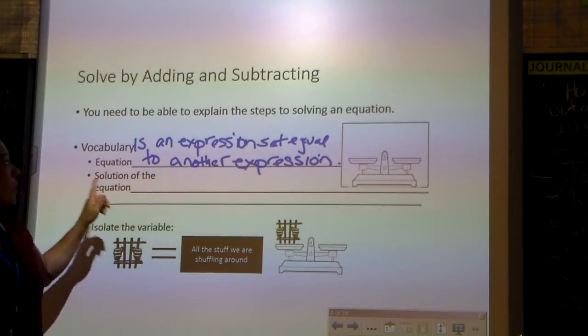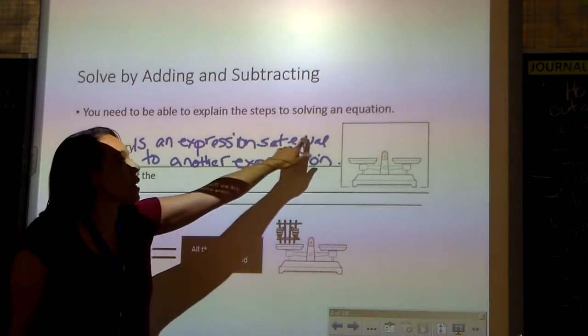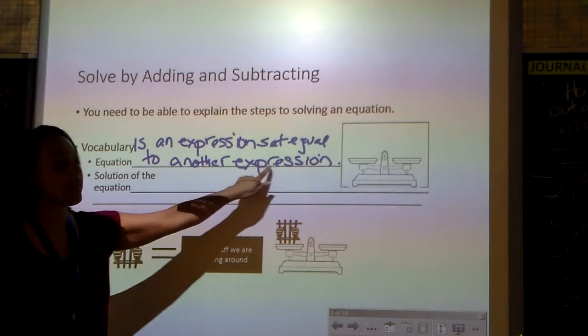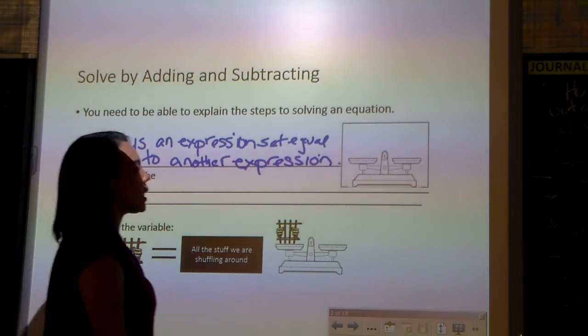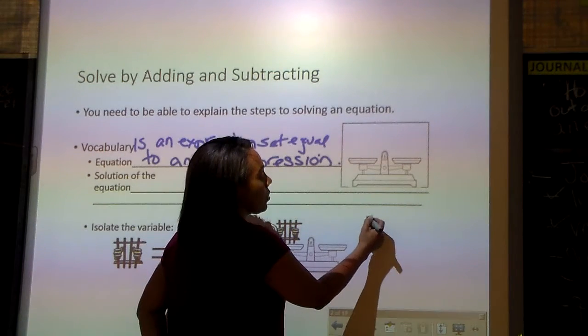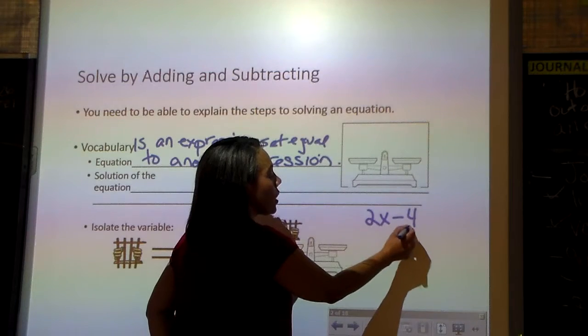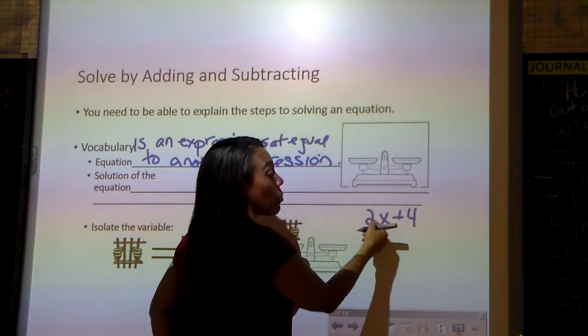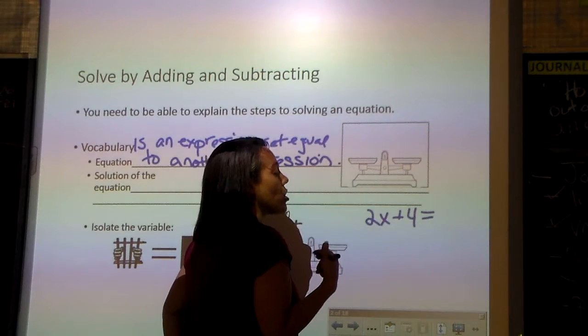So that says an equation is an expression set equal to another expression. All right? It could look something like this. An equation could be 2x plus 4, an expression set equal to another expression.